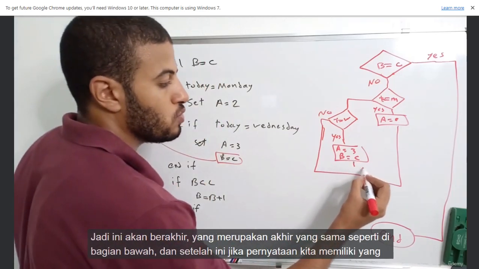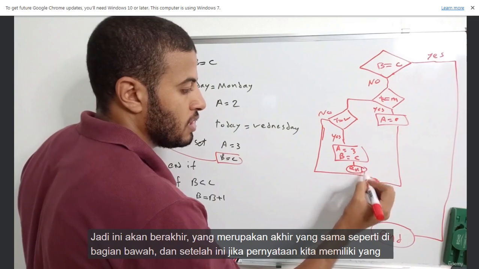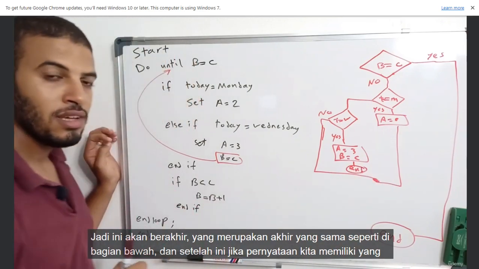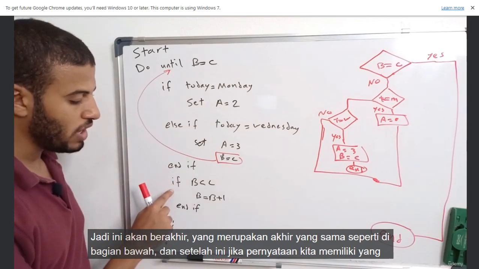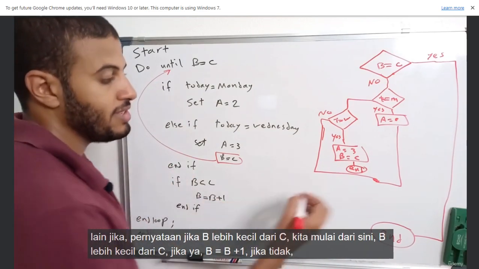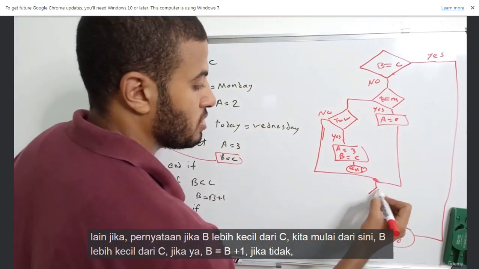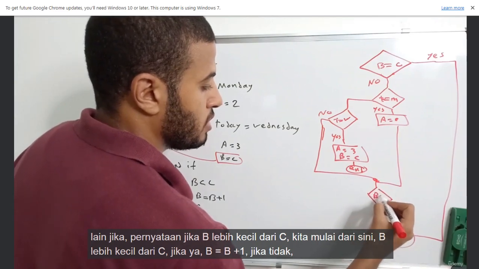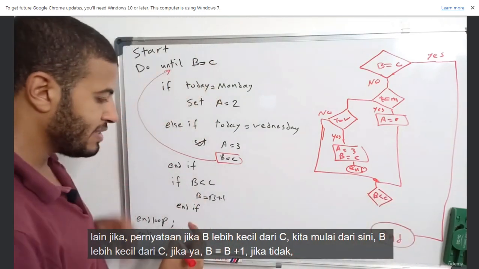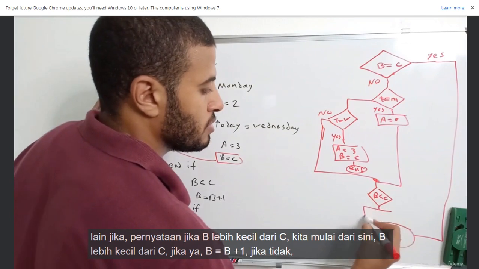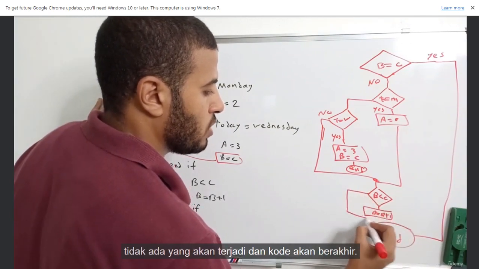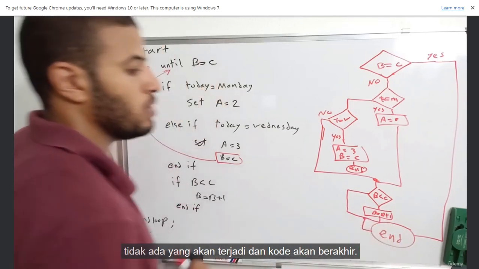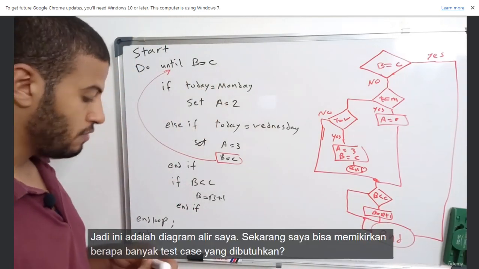So this will go to end, which is the same end as in the bottom, okay? And after this if statement, we have another if statement. If B is smaller than C, we begin from here. B is smaller than C. If yes, B equals B plus 1. If no, nothing will happen and the code will end. So this is my flowchart.